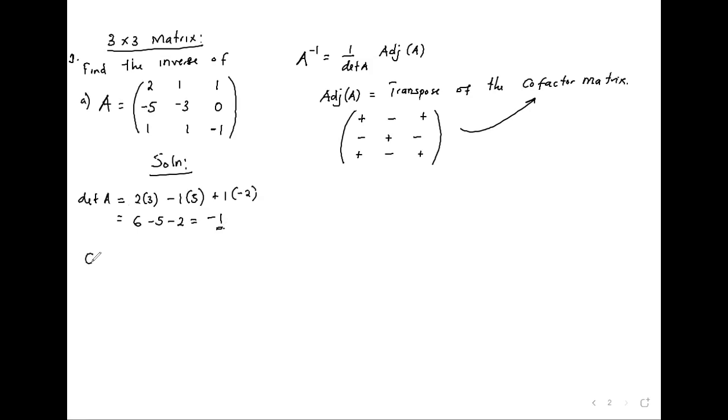So you pick this plus, place it here, and then remove the first column and the first row. The matrix remaining, you get its determinant. So we're interested in the determinant of [-3, 0; 1, -1].